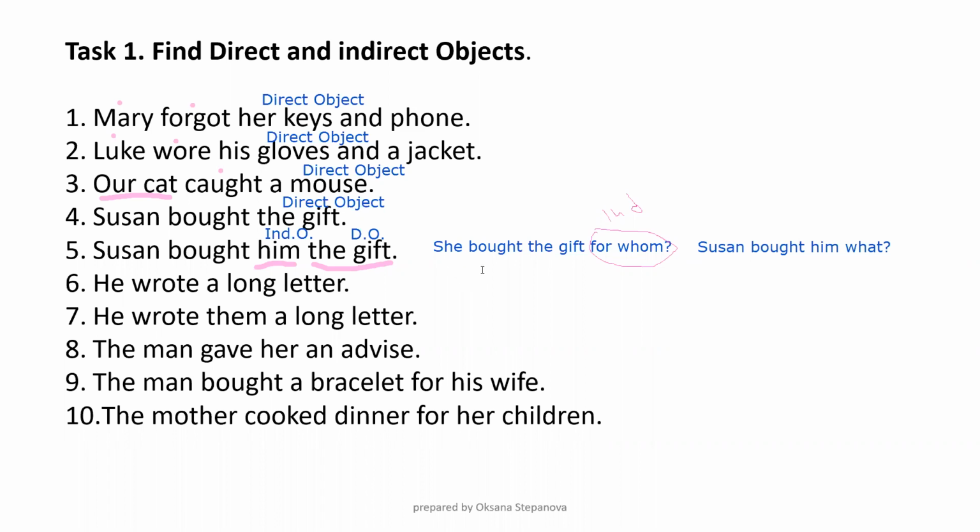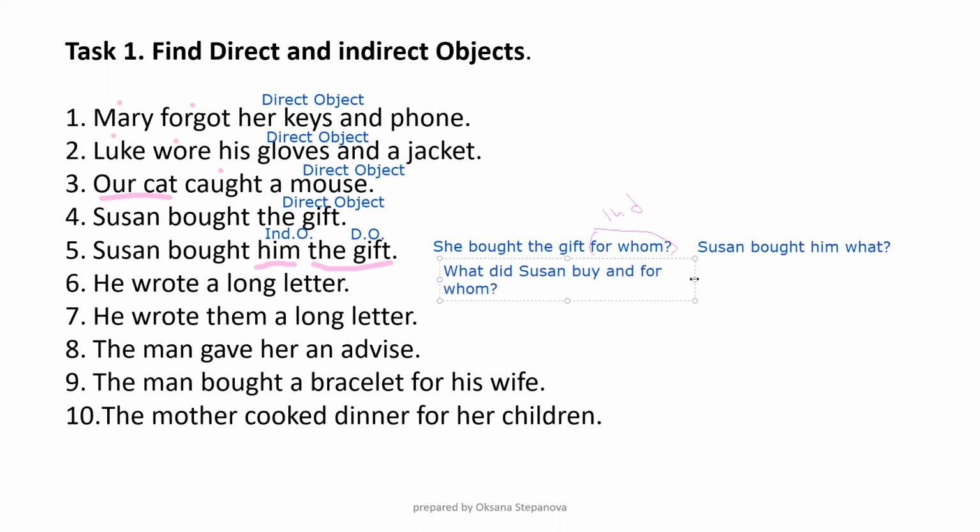Or if you look again, to combine these two, you can put it as: what did Susan buy for whom? So what did Susan buy and for whom?